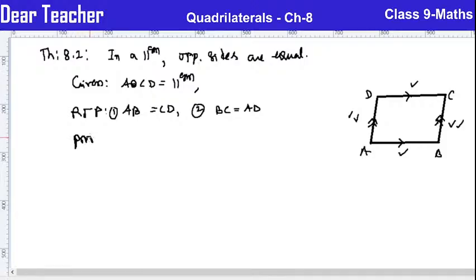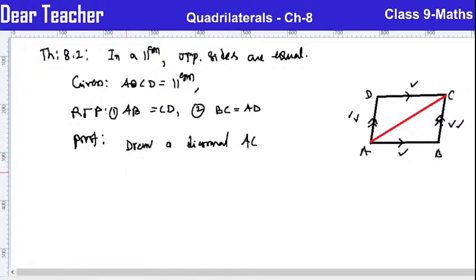Now we can take the same concept as in the 8.1 theorem. Draw the diagonal, any diagonal. I'll draw AC only. Because it is a construction, better dotted lines. All the construction should be dotted lines, but it's okay with the same line also.